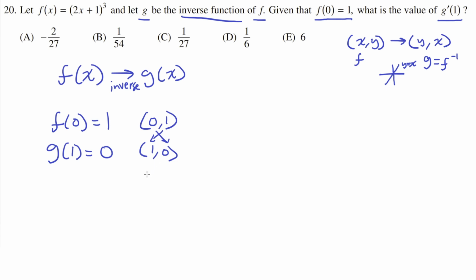So that means that in order to find the value of g prime at 1, we would need to use the formula for the derivative of the inverse of a function, which says that if we want to find the value of g prime at some x, we can take the reciprocal of f prime evaluated at that x value that g of x returns.